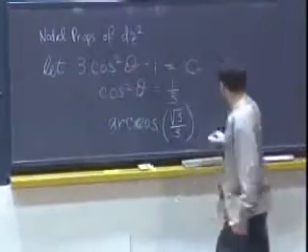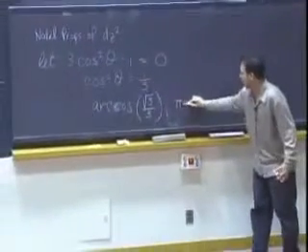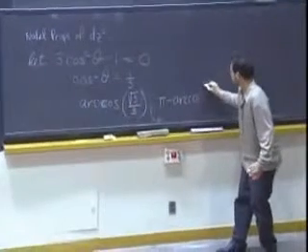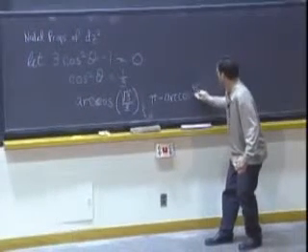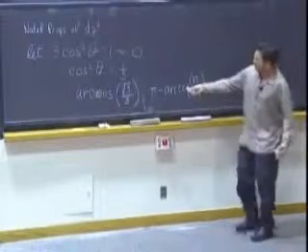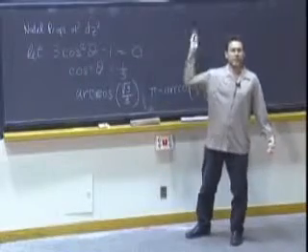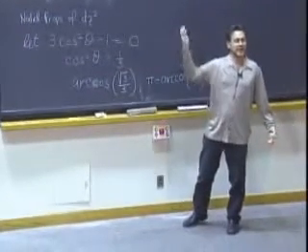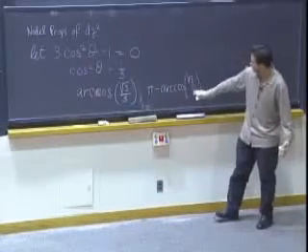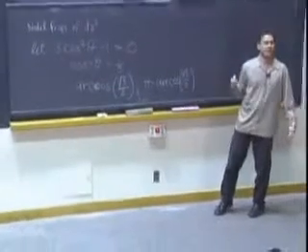And the other possibility that satisfies that relation is pi minus the arc cosine of root 3 over 3. And so what that means is that this relation here gives us the angle for that cone in the plus z axis. And then this one down here, pi minus arc cosine root of 3 over 3, gives us the angle for that cone down in the minus z axis.